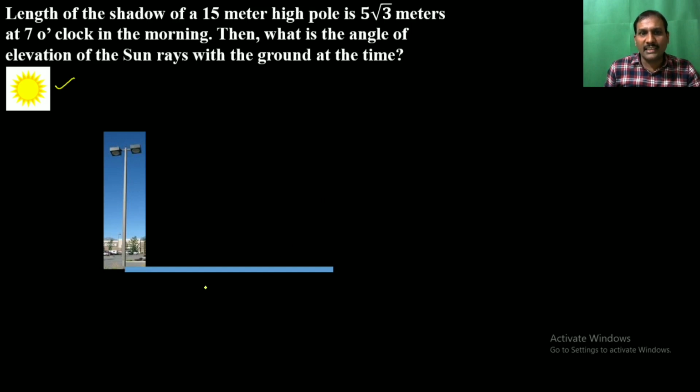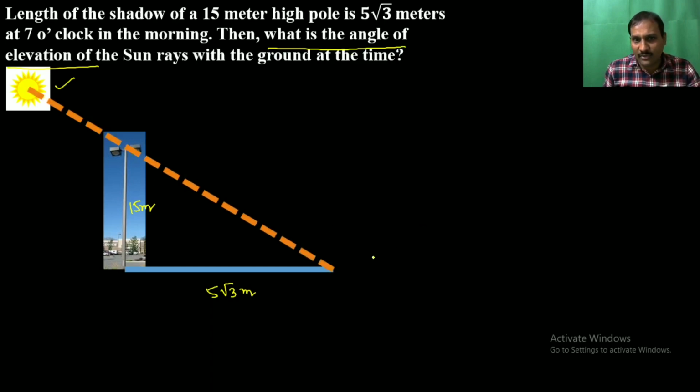So what is the length of the shadow they have given? That is 5 root 3 meters, and this is 15 meters. Okay, so what we have to find? What is the angle of elevation of the sun rays with the ground? So this angle we have to find.